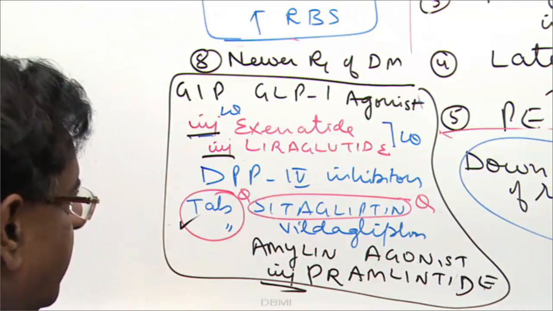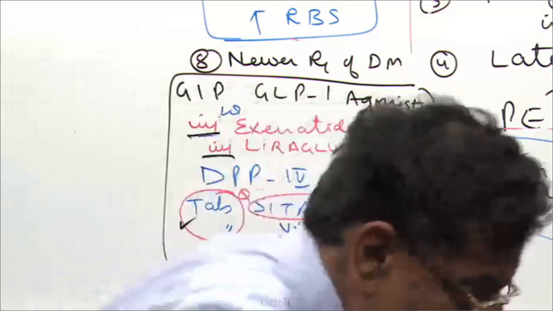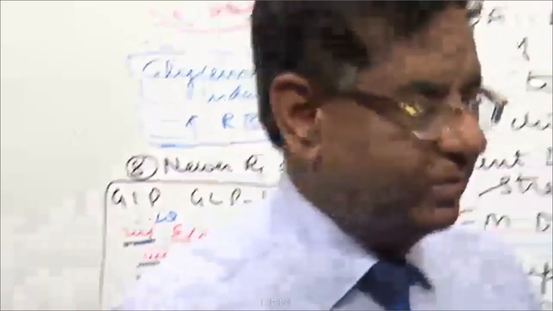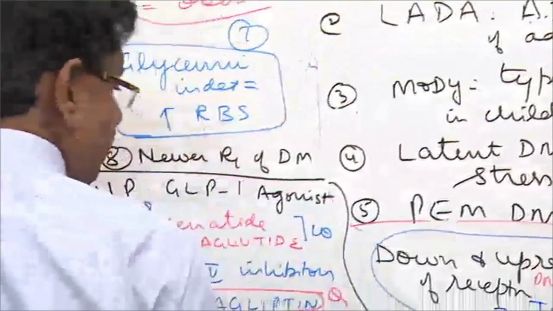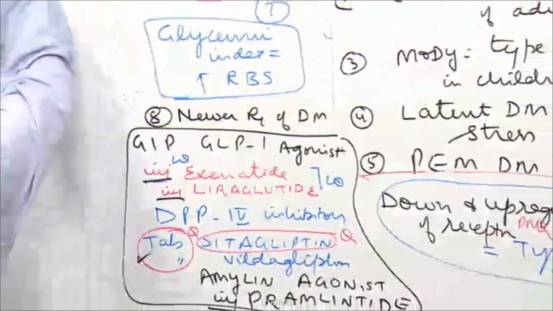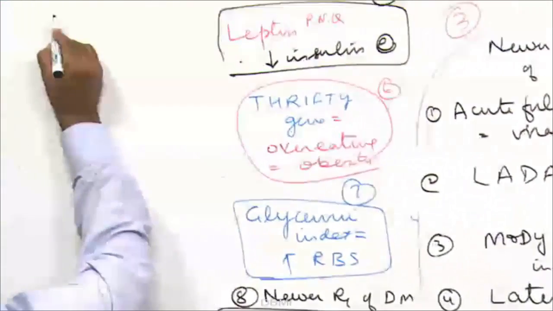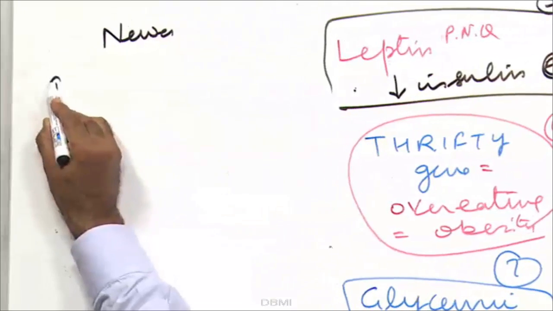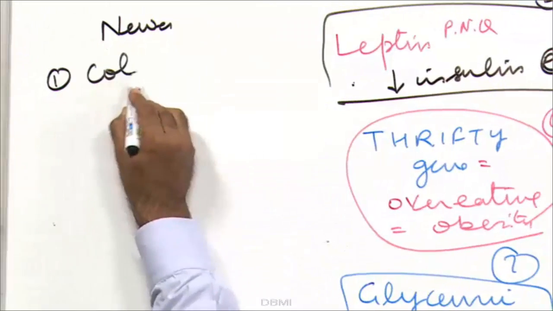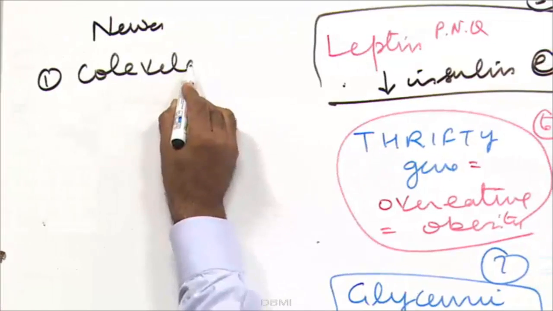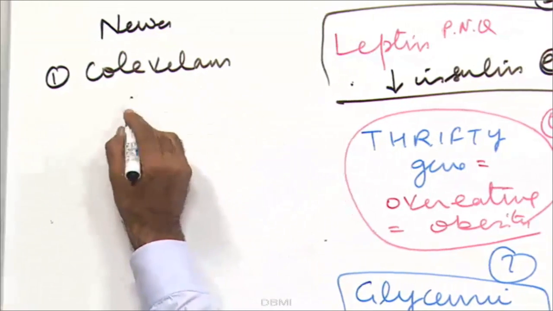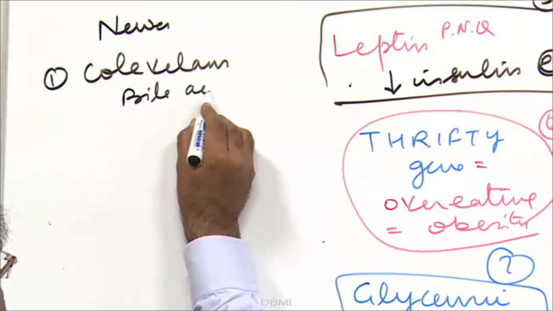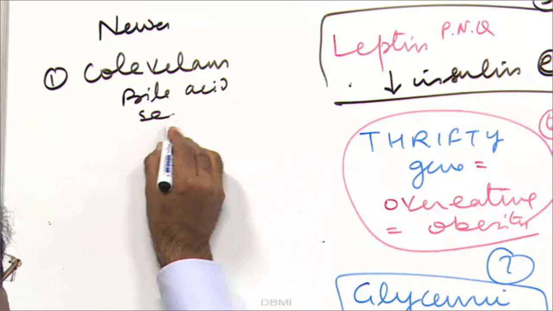Fine. So now we talk about some more new drugs, recent advances, newer drugs. First is colesevelam. It is a bile acid sequestrant.